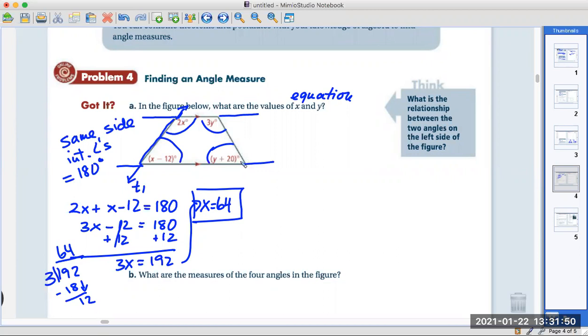Obtuse, acute. They cannot be equal. Remember the two choices. Either they're equal or their sum is 180. In this case, you can tell they're not equal. The only time they're equal is if we have a right perpendicular line, then you got equal angles because they're all 90 degrees, but not in this case. So there's my other equation.